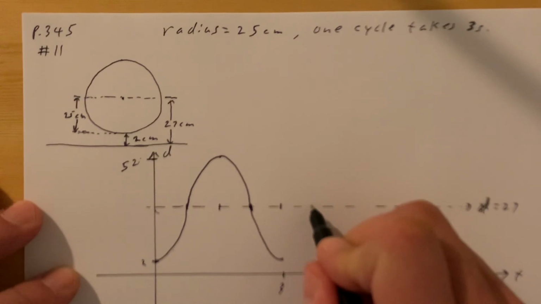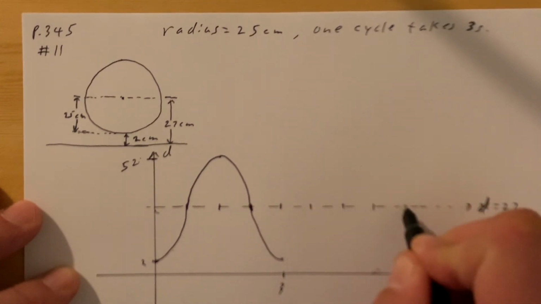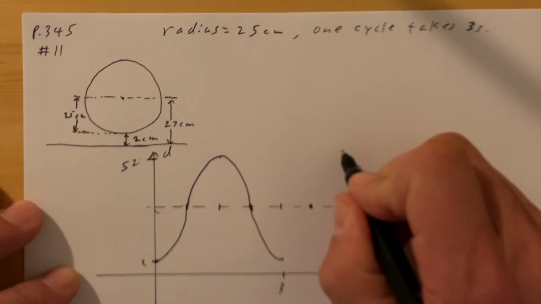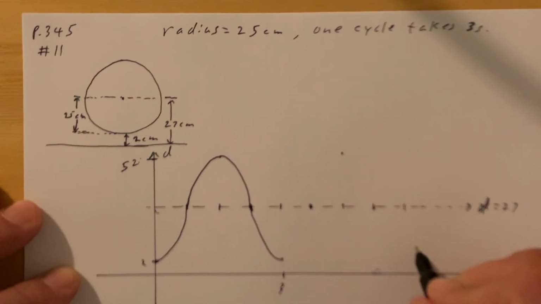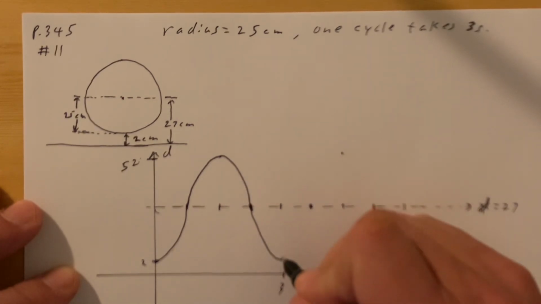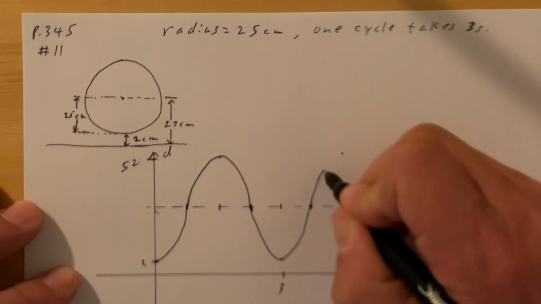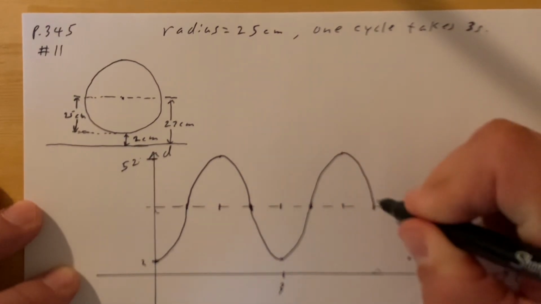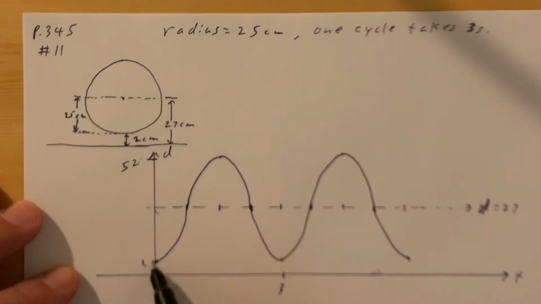So now I'm going to do it again for the second cycle. There, there, and about there. Okay. And this would be what it looks like, that rung on the hamster wheel.